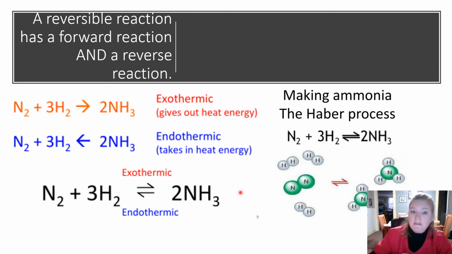And one way is always exothermic and one way is always endothermic. So if I'm telling you the forward reaction is exothermic, then you know that the reverse reaction is endothermic. This is the production of ammonia. It has a forward reaction and a reverse reaction, so that means it can reach equilibrium.